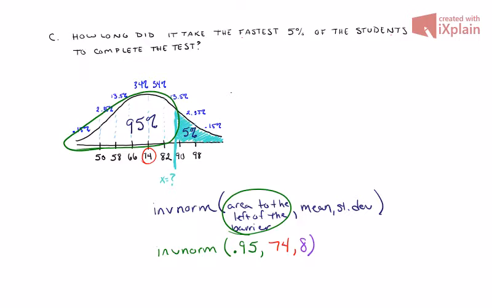And again, depending on the model of your calculator, you are either going to be taken back to your home screen, or you are going to be taken to a list where you're going to answer a series of questions. In either case, we will put 0.95 for our area that we are interested in, followed by 74 for our mean, and 8 for our standard deviation.